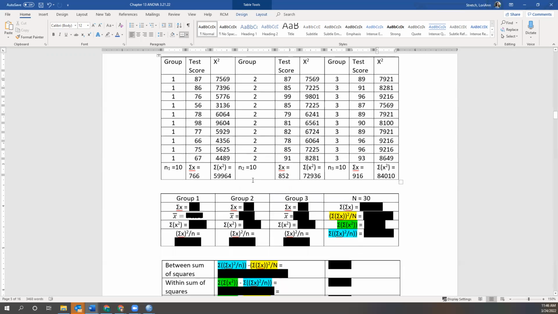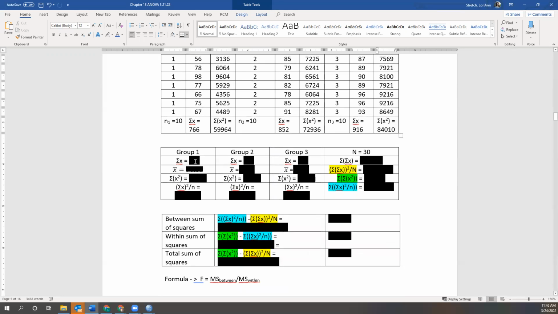Okay. Now I'm going to bring down the summation of x for group 1, for group 2, and group 3. And that here is going to give me the summation of x, because if I sum up the summations of x, I'll get the summation of x. And here's my means.